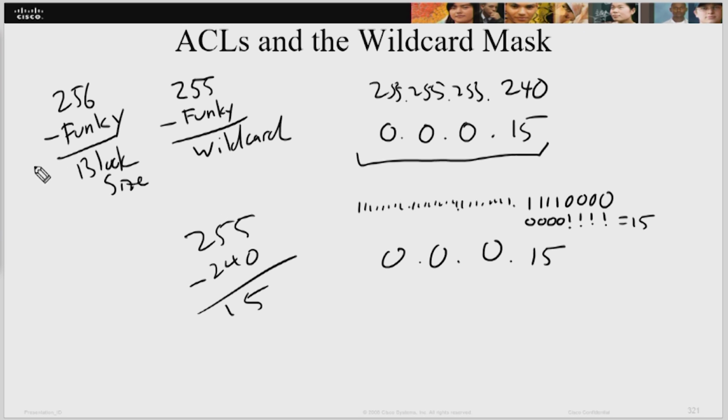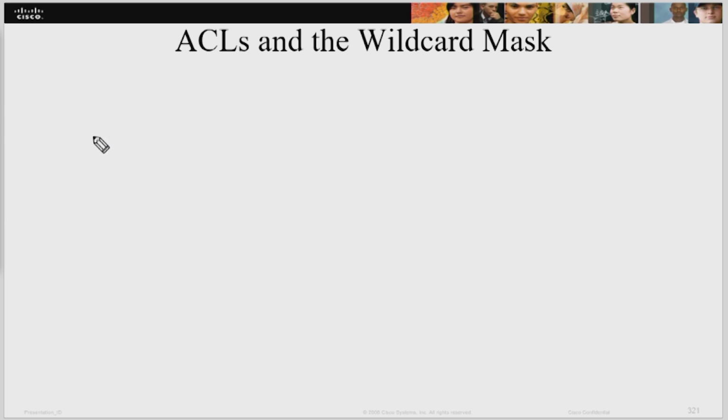It doesn't really make a difference where that is. I'll put that formula back up there. Got a little overzealous with my erasing, I guess. So 255 minus funky is block size. If any of you have happened to miss it before, what's funky?